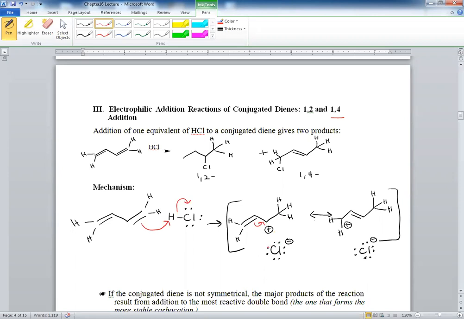So the first one would be to attack that carbon right there, the carbocation, or to attack the carbon at the end. Let me just put it this way like that.